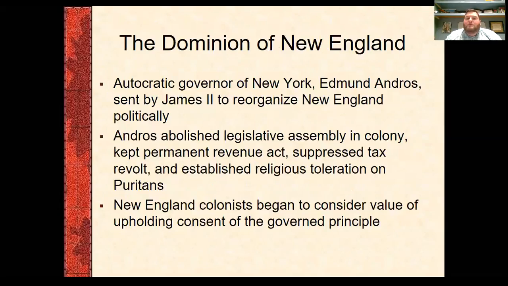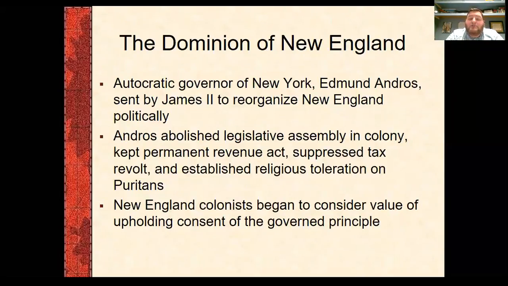Before we get to the revolution itself, we need to talk about what's going on in New England and in the American colonies in general. The autocratic governor of New York, Edmund Andros, who had been appointed by Charles II, by this time, James II has ascended to the throne, and he appoints Edmund Andros to reorganize New England politically.